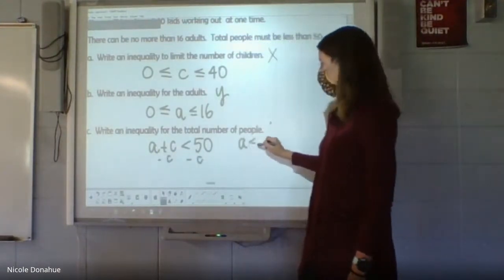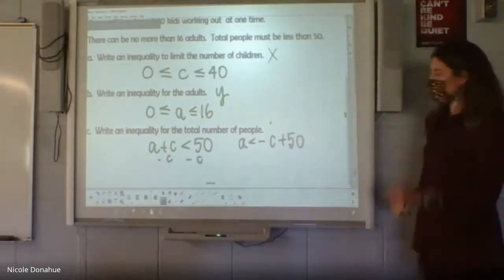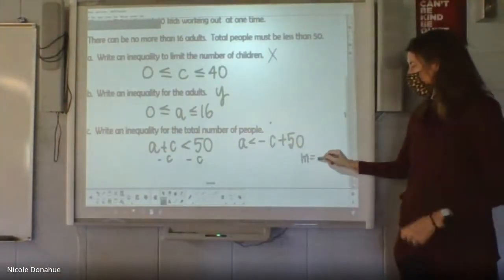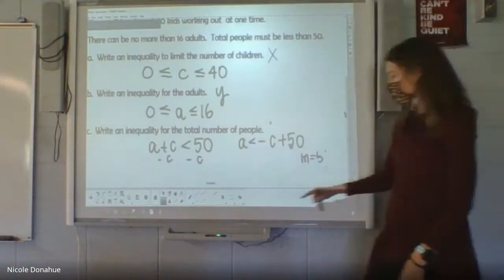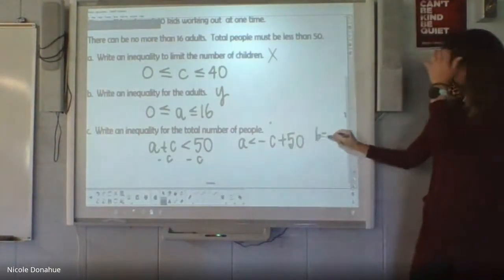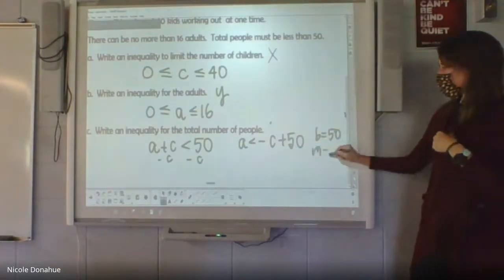So I get A is less than negative C plus 50. So I'm going to begin this at 50 on the y-axis, which is our a-axis. And then I'm going to go down 1 over 1. Oops, why am I calling that M? My B is 50. And then my M is a negative 1.